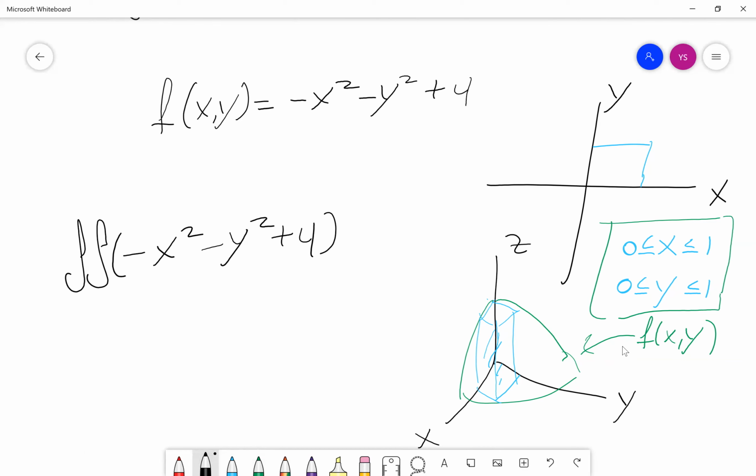So you can say, let me integrate with respect to x first, and then integrate with respect to y. If we're integrating with respect to x, we look at the bounds for x, and those go from 0 to 1, but also the bounds for y go from 0 to 1, so we put 0 to 1 here too. So that's how our integral looks. Any questions?